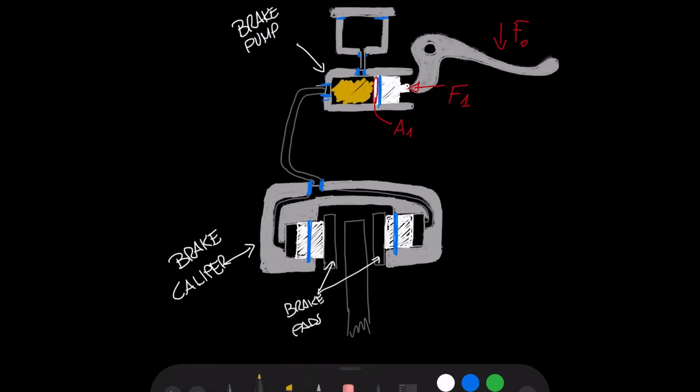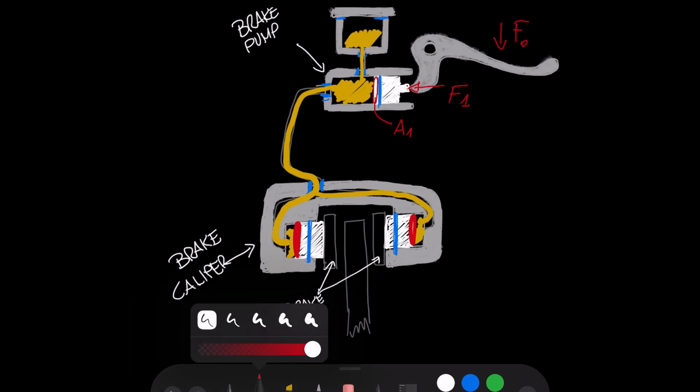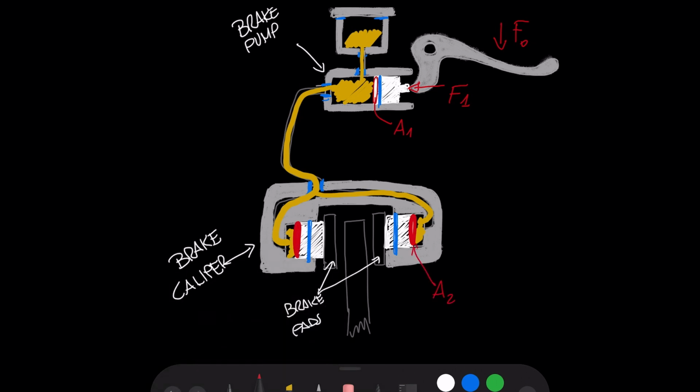The piston gives the pressure to the fluid, to the oil, that goes to the two pistons that are present on the caliper and having another surface A2. And this is creating the force F2 that is used for the braking.